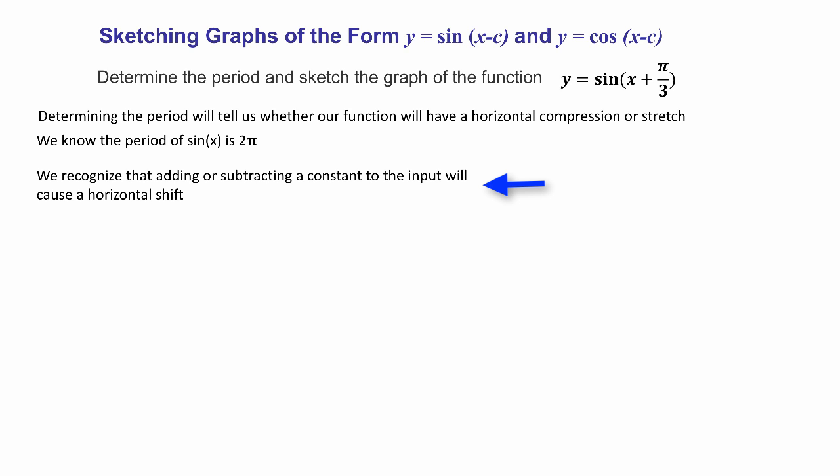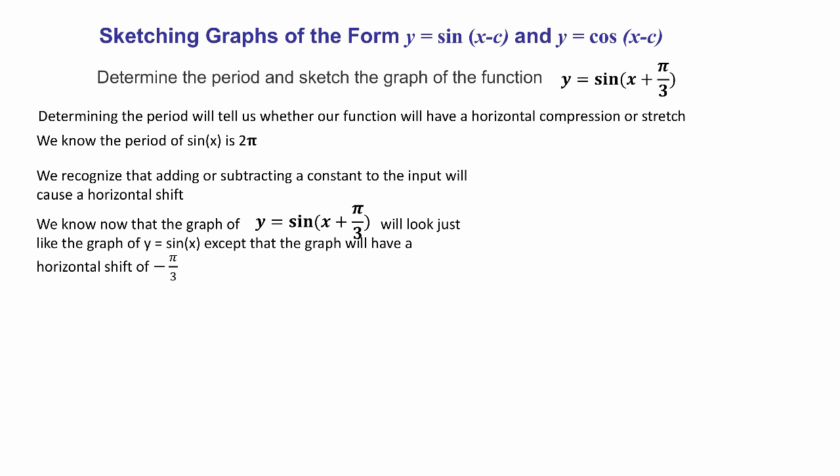We also need to recognize that when you add or subtract a constant to the input, this is going to cause a horizontal shift. So our whole curve is going to move from where it is to the left or to the right. So what we've determined is that there's no change in the period, and that yes, we do have some kind of a horizontal shift.